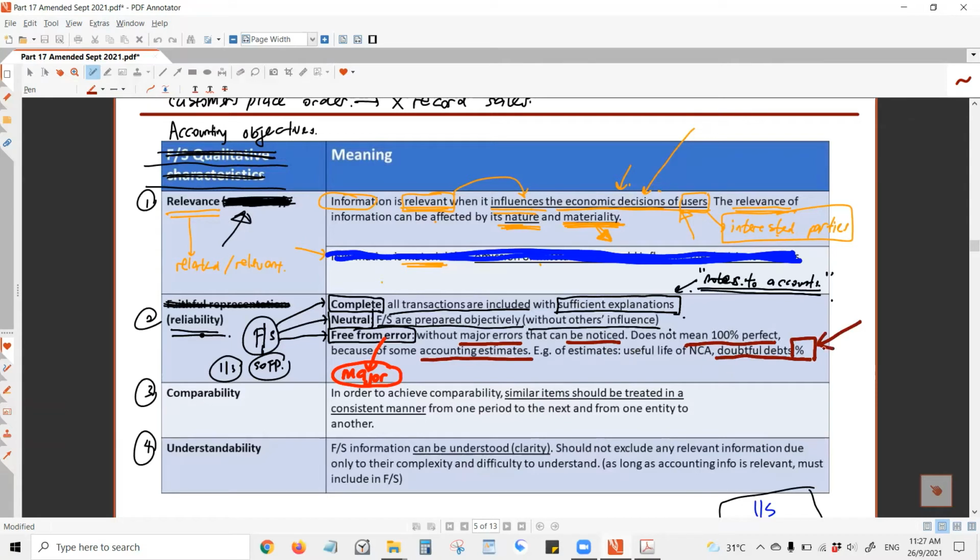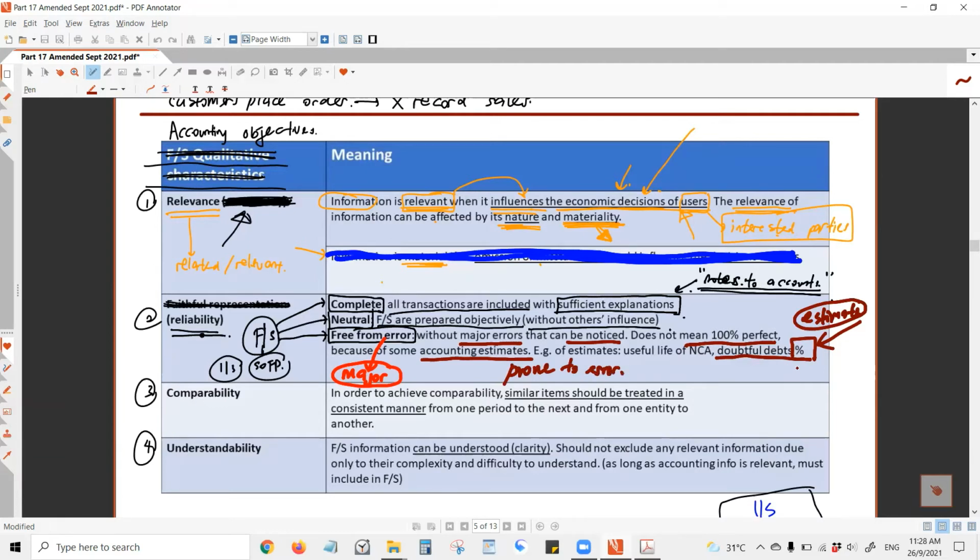No, you just use the percentage given in the exam and calculate accordingly. The doubtful debt is an estimate. Why? Because you try to estimate how much debt you cannot collect from your customers. So it's very subjective and cannot be accurate. That's why we call it an accounting estimate, and it is prone to error.